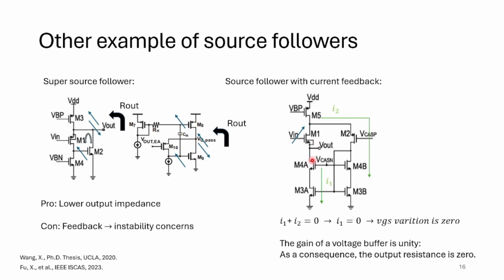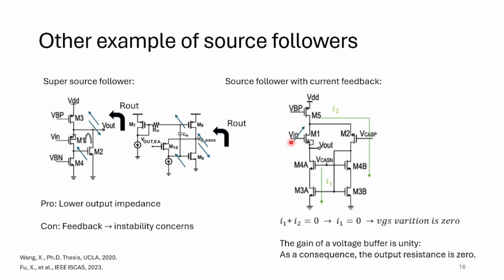Another way to make a source follower ideal is to remove the effect of the gate-source voltage, or the transconductance effect, of M1. When Vin goes up in a conventional one, it generates a current, so the gm will change and the output is not exactly following Vin.